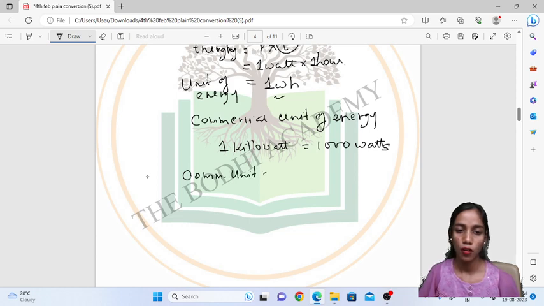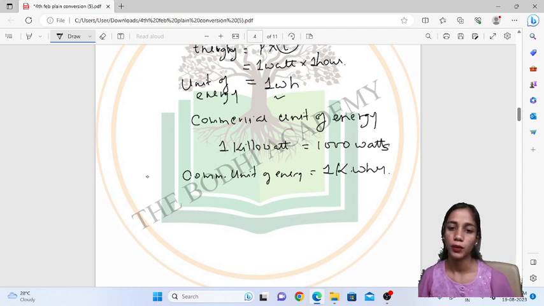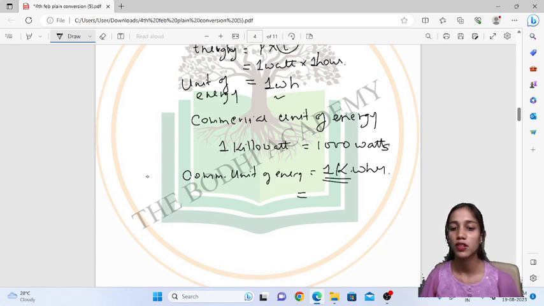So now the commercial unit of energy will be 1 kilowatt hour, okay, 1 kilowatt hour. While solving problems, this 1 kilowatt will be written as 1000 watts, and hour is written in seconds.